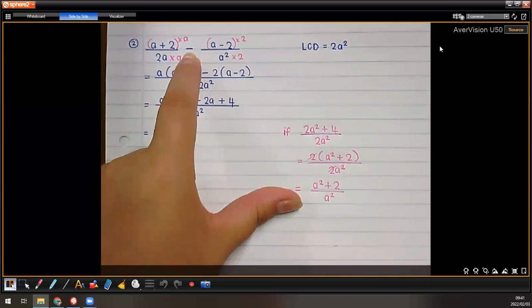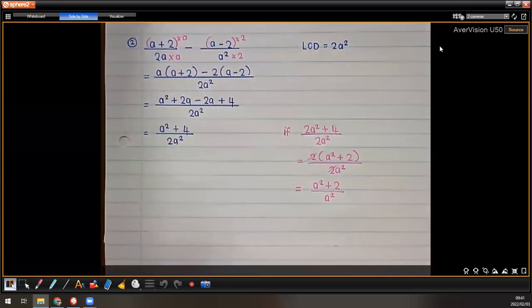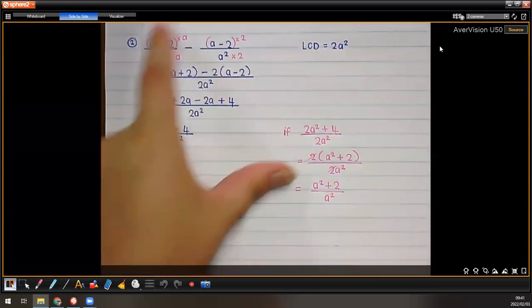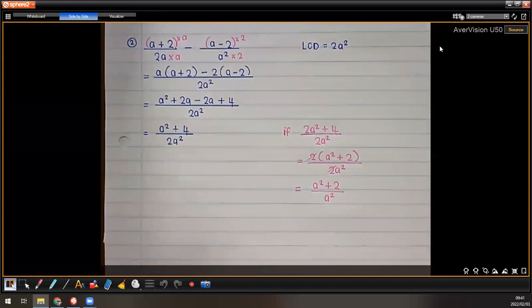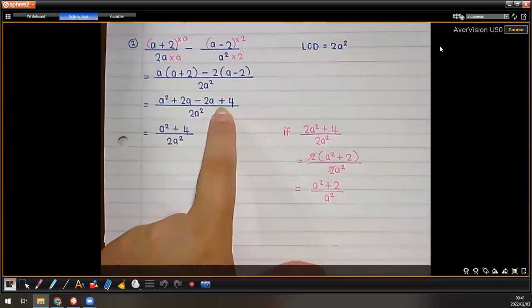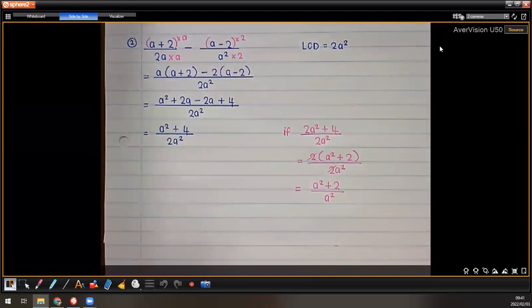But what sign was in front? A minus. So I didn't change anything. I haven't multiplied anything else. I just put that 2 in front of the bracket and I wrote it as one fraction. When you multiply the negative 2 in, then yes, it changes to a plus, but not before you multiply it.